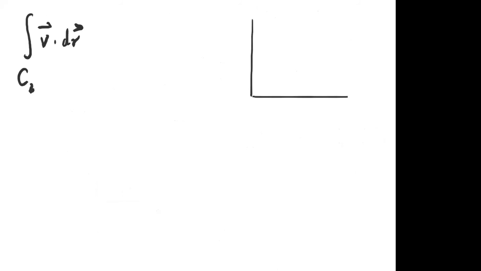If I don't have this figure, I'm not going to know what to do. So path 2 involves going from A to B, where x equals 1 here, y equals 1 there, and x equals 2 here.